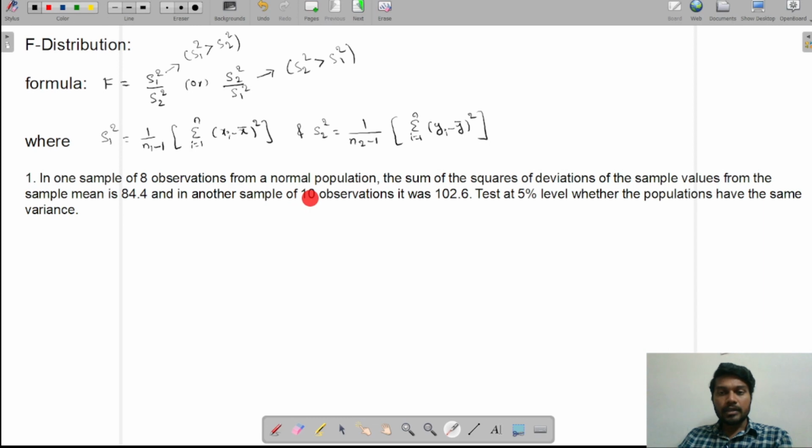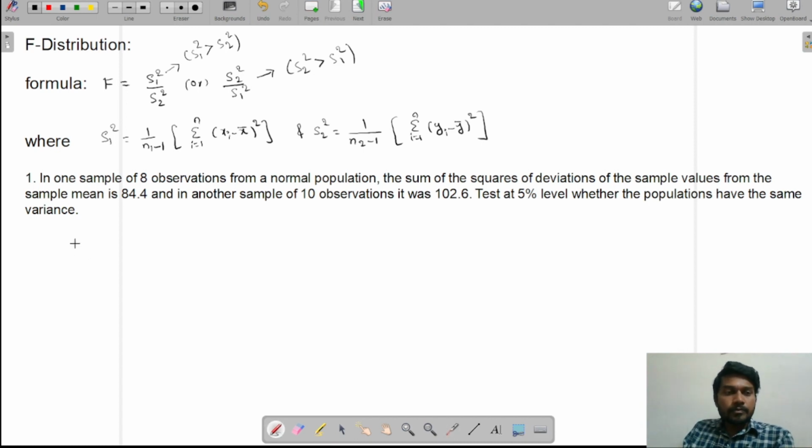In one sample of 8 observations from a normal population, the sum of the square of the deviations of the sample values from the sample mean is 84.4.